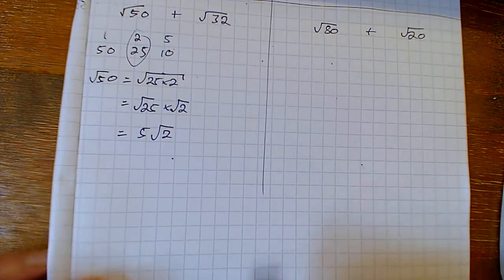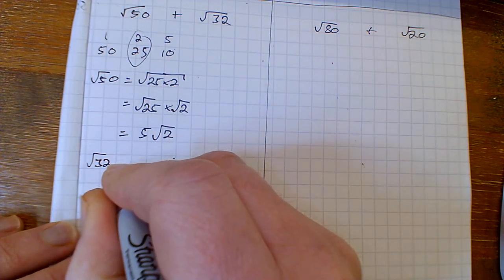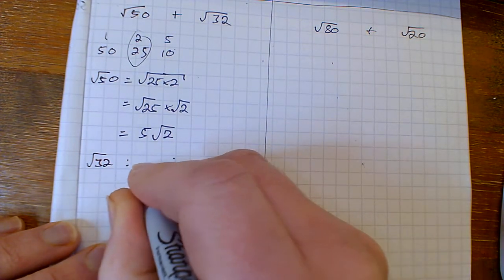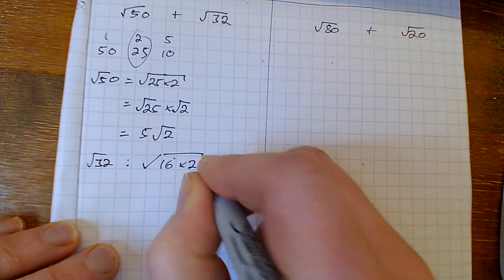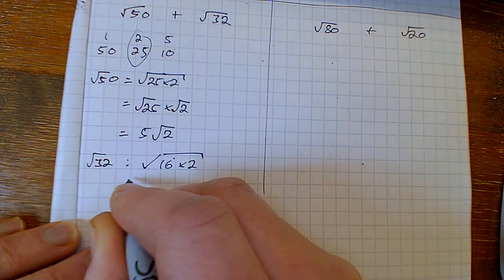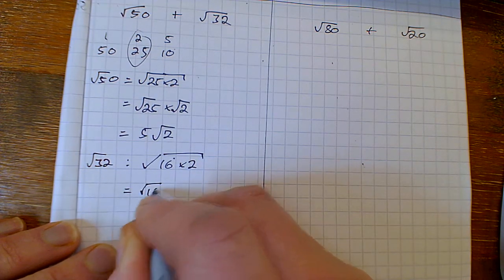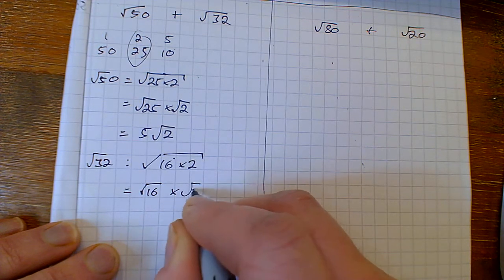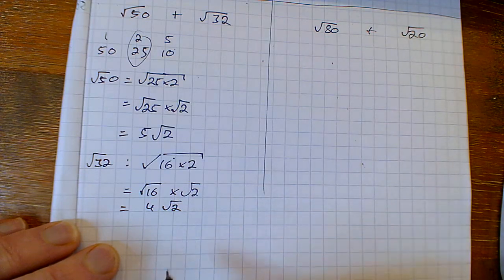Well, we've already done it actually. So I will just quickly go into it: it's the square root of 16 times 2, because you've done that already, which is equal to the square root of 16 times the square root of 2, which is equal to 4 root 2.